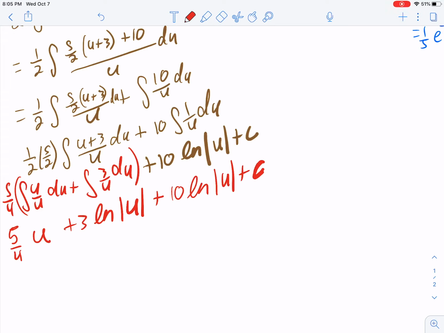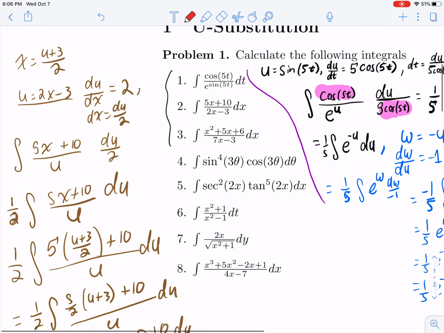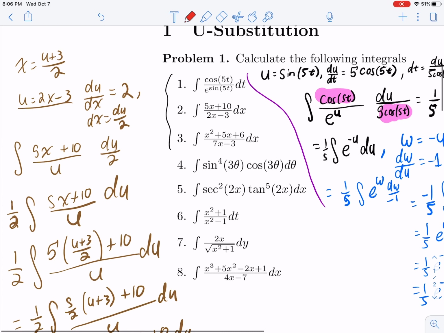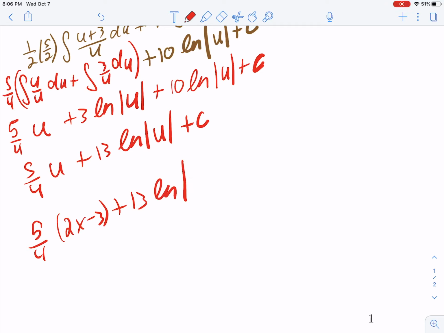Now, if we simplify a little, we get 5 over 4 u plus 13 ln absolute value of u, plus c. And then we just have to recall what our u was. U was 2x minus 3. So this is 5 over 4 times (2x minus 3) plus 13 ln absolute value of 2x minus 3, plus c.